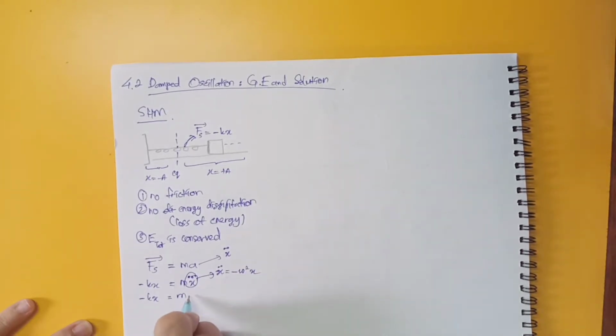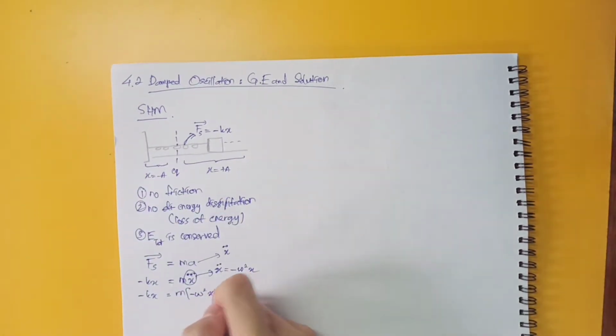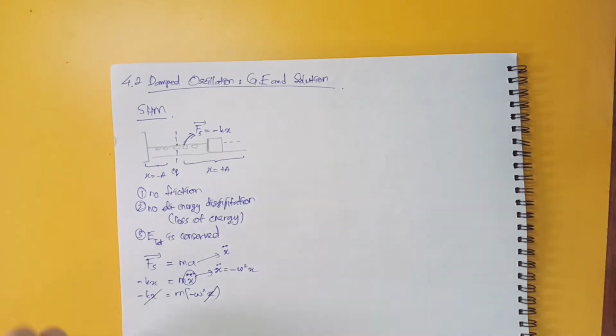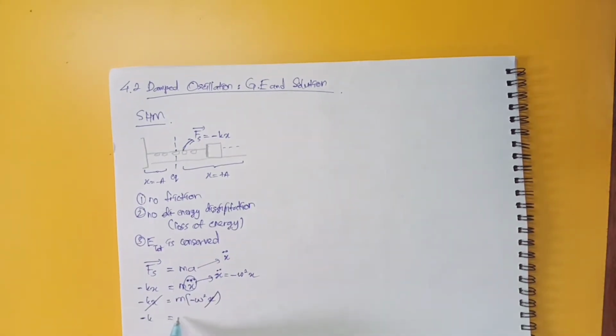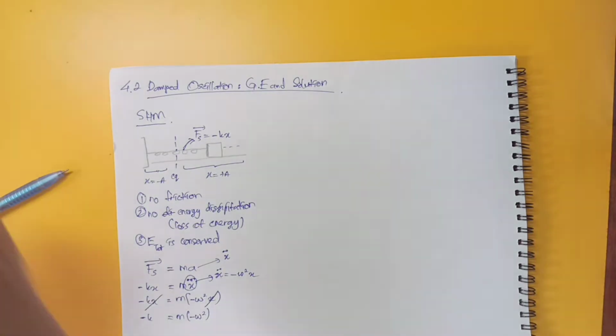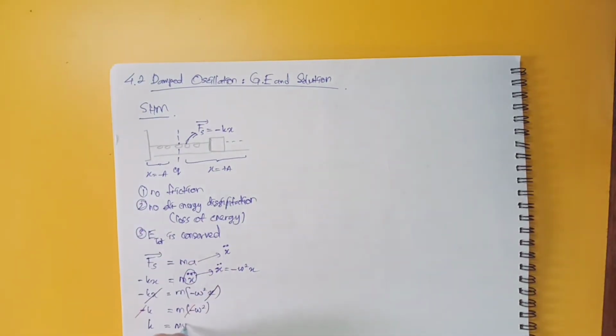So we get m times negative omega square x, and we can cancel out x, and finally we get negative k is equal to negative m omega square. We can cancel out the negative again, and finally we get that k is equal to m omega square.